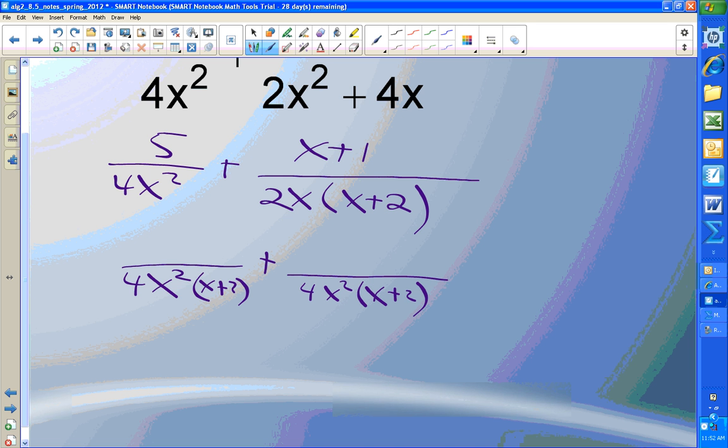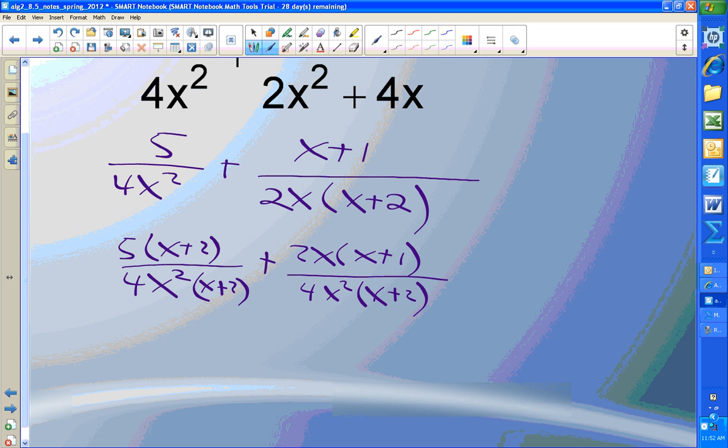What do I have to multiply the left side by? x plus 2, top and bottom. What do we multiply the right side by? 2x times x plus 1. Am I going too quick? Everybody following?